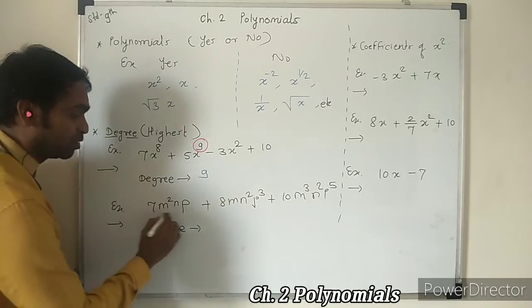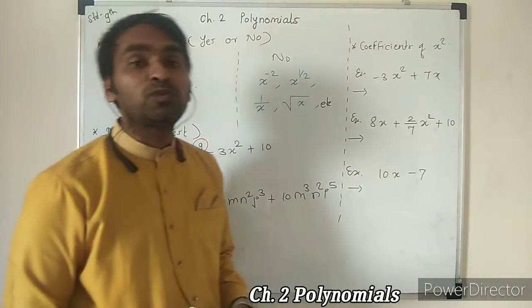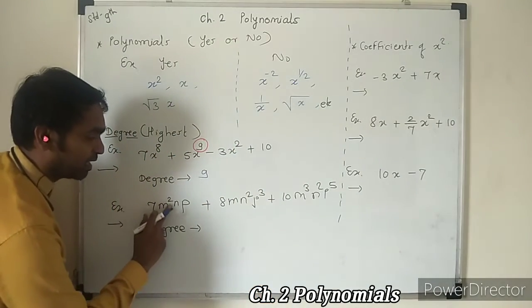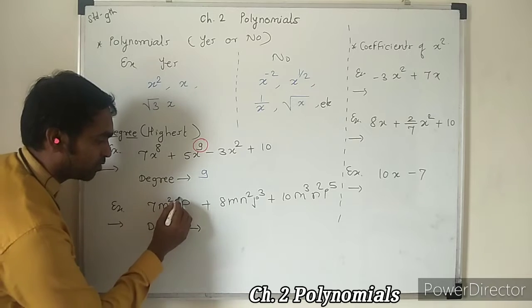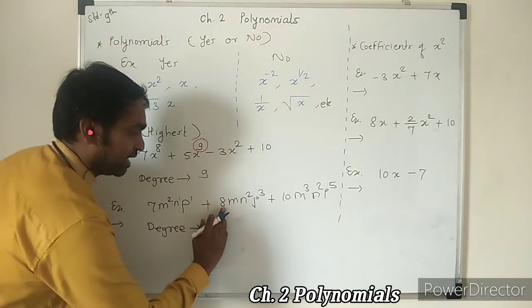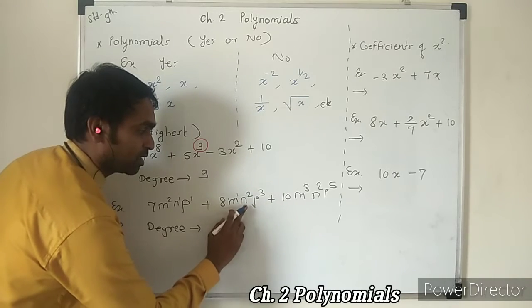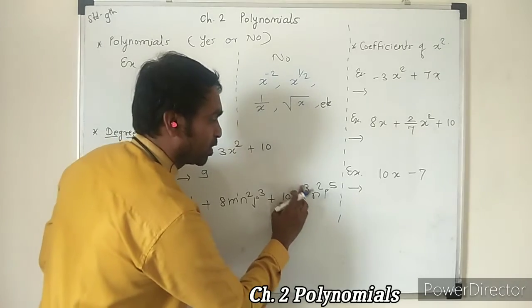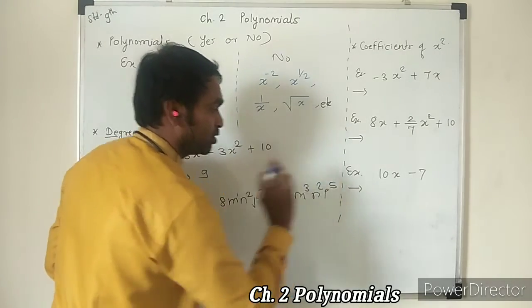Second example, with more than one variable in a term. See 7m squared n p, n having power 1, p also power 1, plus 8m n squared p cubed, plus 10m cubed n squared p raised to 5.